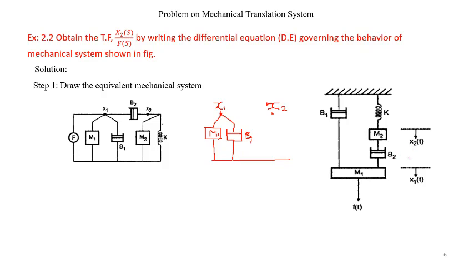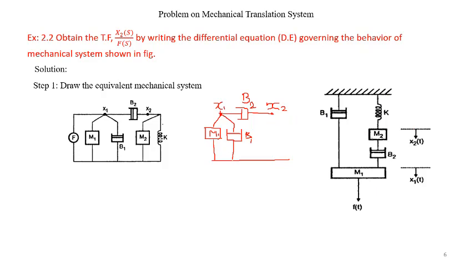And between displacement 1 and displacement 2 we have a common element, that is damper B2, so it will come here. So this is damper B2. And between displacement 2 and reference we have two elements.